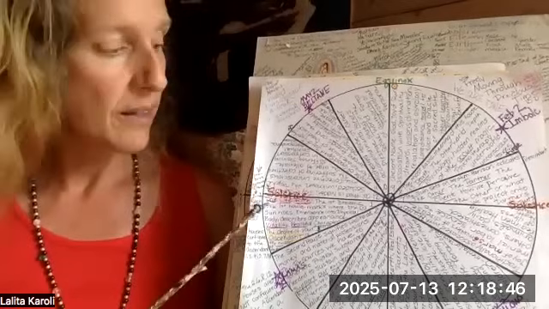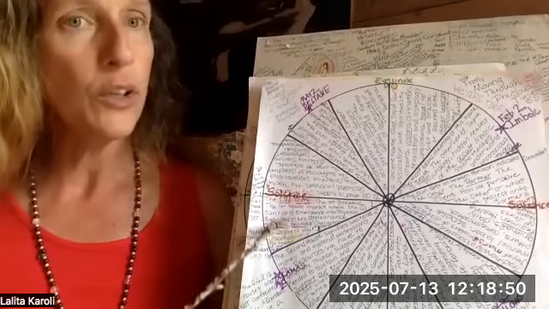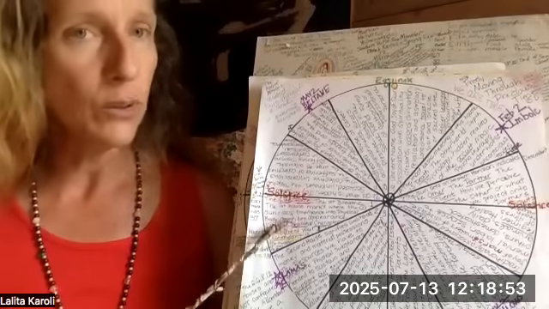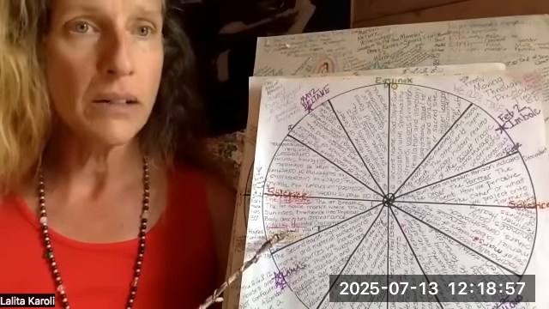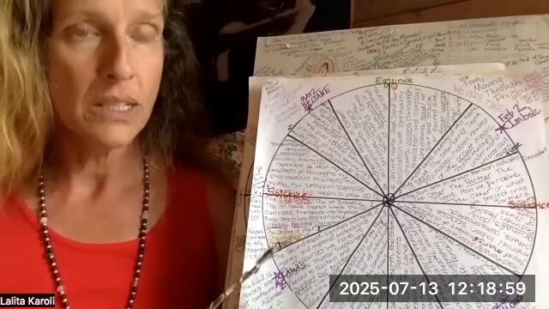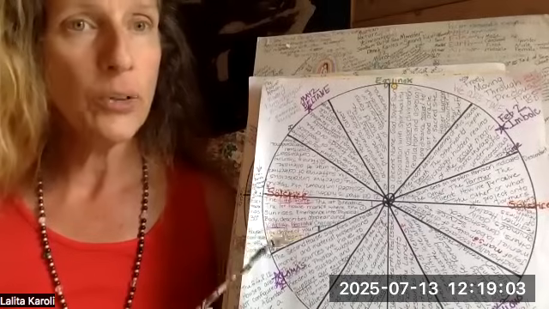Now, in your chart, you might have a different first sign. It's based on your birth time and the location of your birth. And the amazing thing is that no chart is like any other chart. Every single chart is completely unique and different.